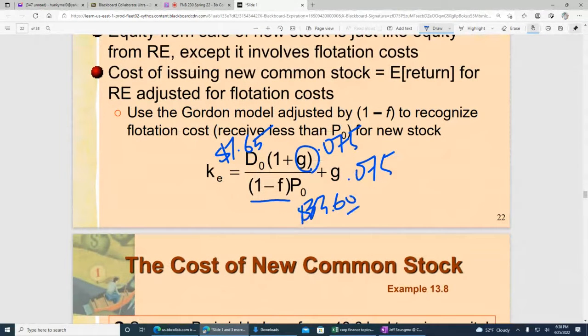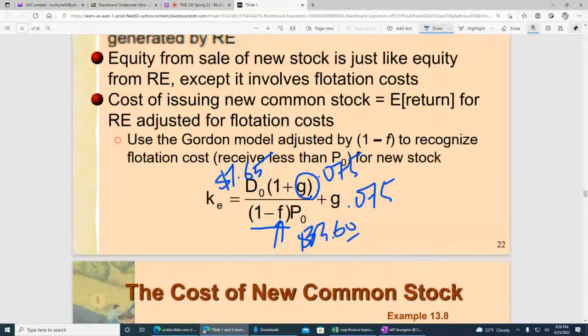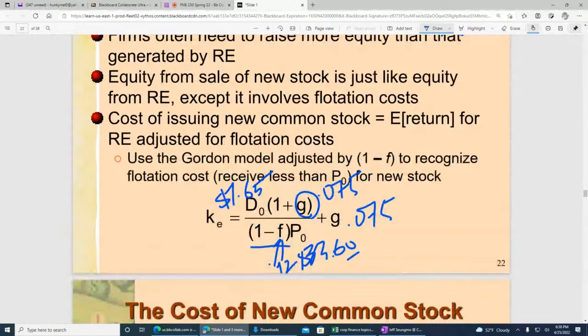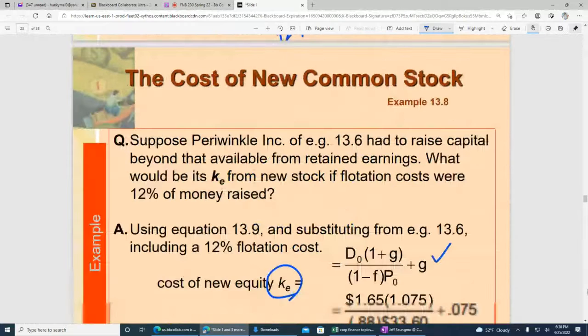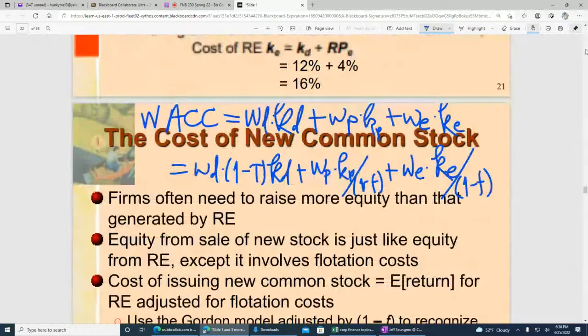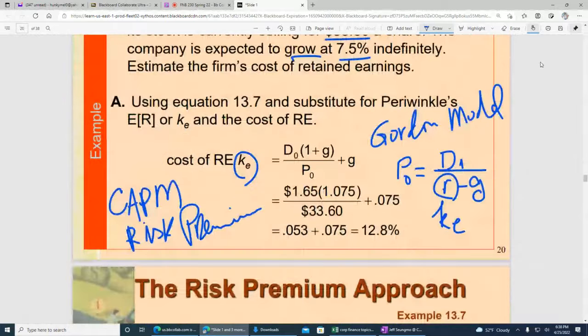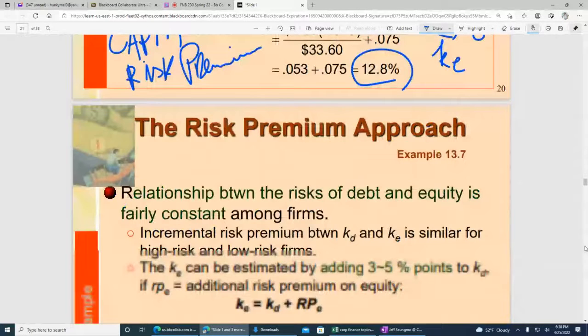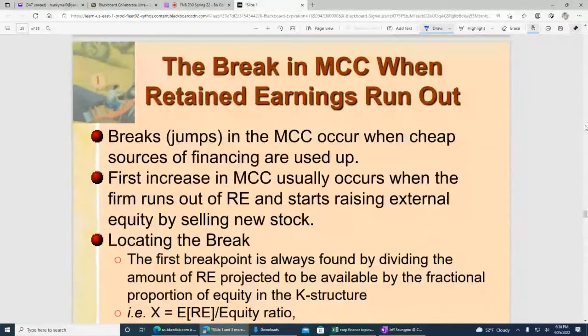And the flotation cost was 12%, wasn't it? So 0.12. So if you just plug in, we'll come to 13.5%, which is, of course, more expensive than this, right? Obviously, when you sell new stocks, the cost of equity should be greater than using retained earnings, right?